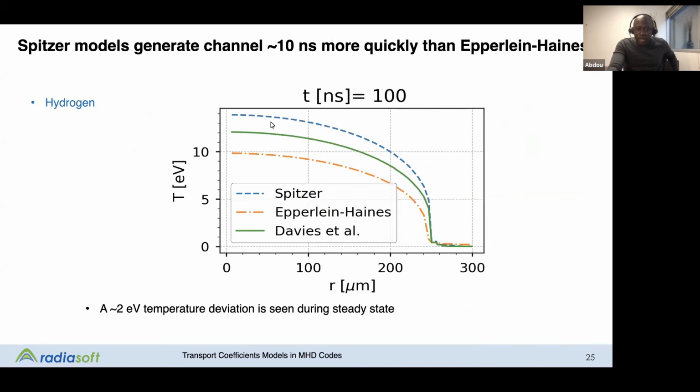I would say the difference seemed to remain even at a later time. Here at 100 nanoseconds, we still see the same difference in amplitude, not changing at all.